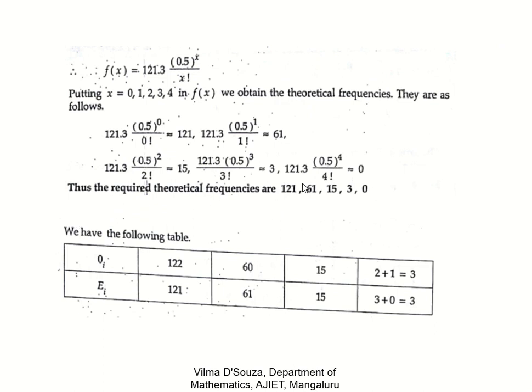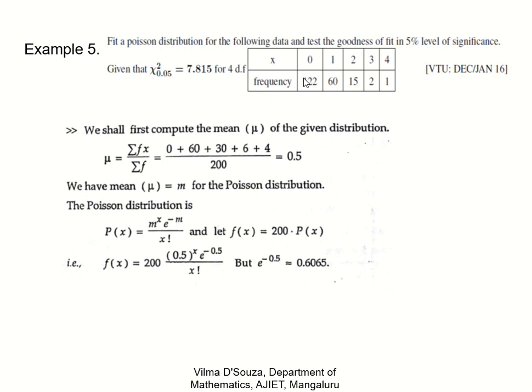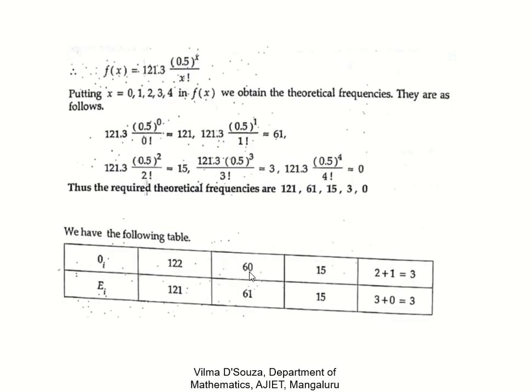You'll get 121, 61, 15, 3, 0. So what are the observed frequencies? 122, 60, 15, 2 and 1. And the theoretical frequencies are 121, 61, 15, 3 and 0.